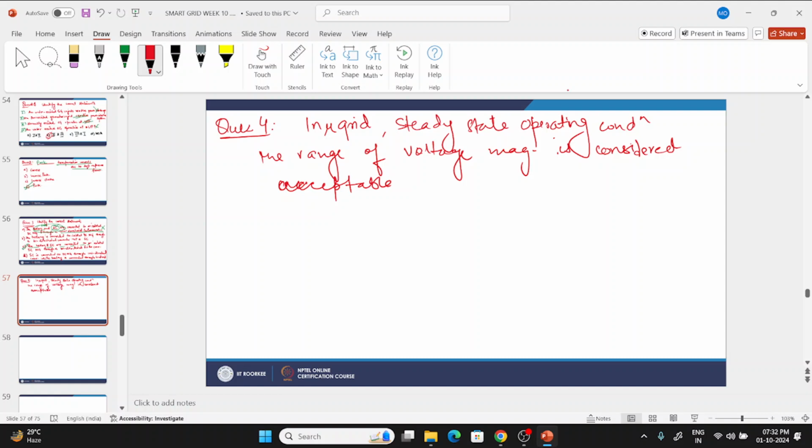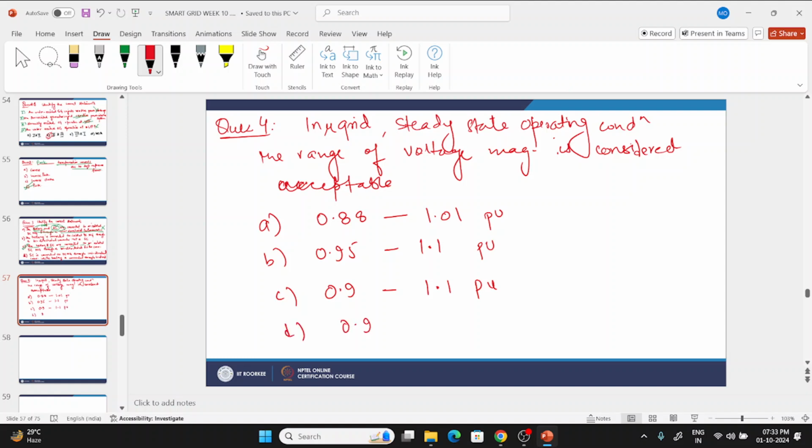Which range should be acceptable? A is 0.88 to 1.01 per unit, B 0.95 to 1.1 per unit, C 0.9 to 1.1 per unit, D 0.9 to 1.05 per unit.